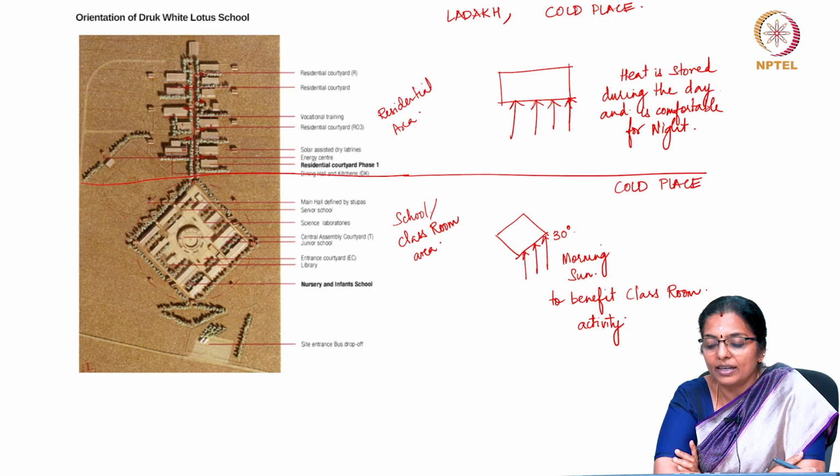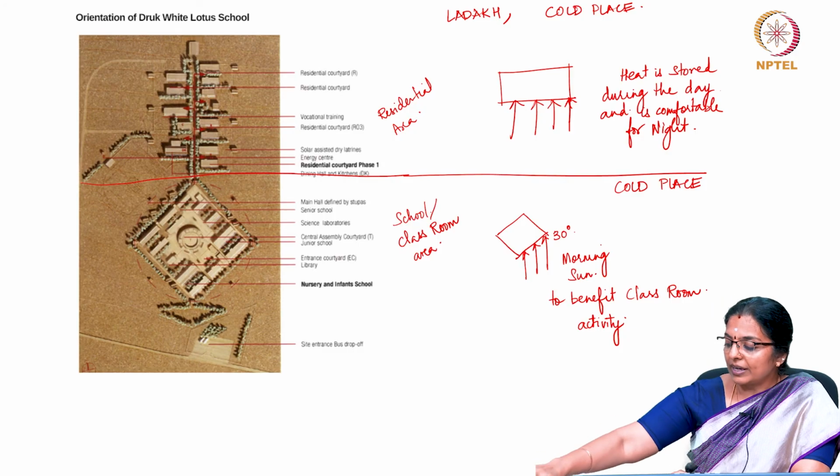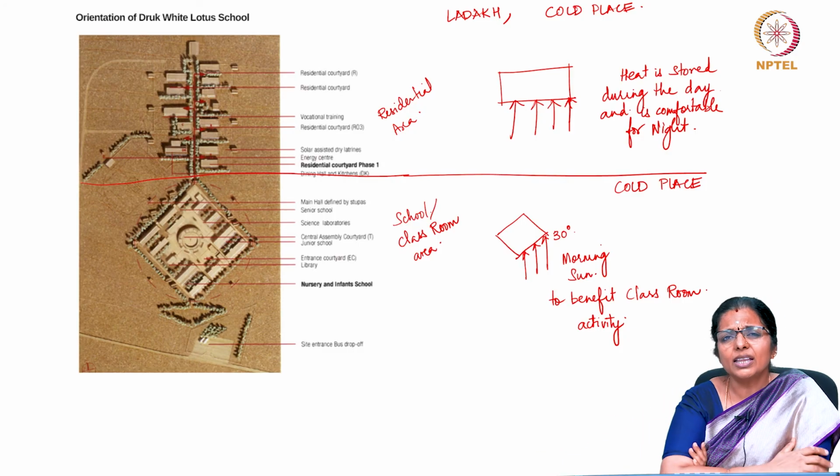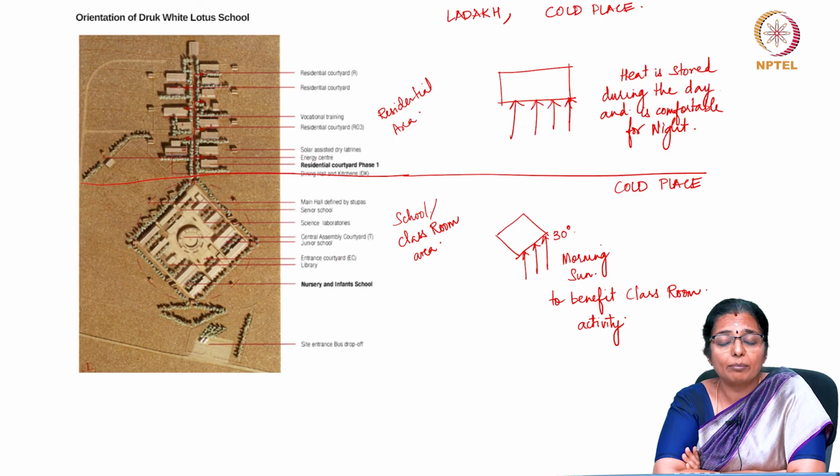the warmth at night. Hence, we have seen three different climate types and the strategies for each of these climate types. We have seen the hot, dry climate. In the hot, dry climate, one has to be very careful in having very compact planning.